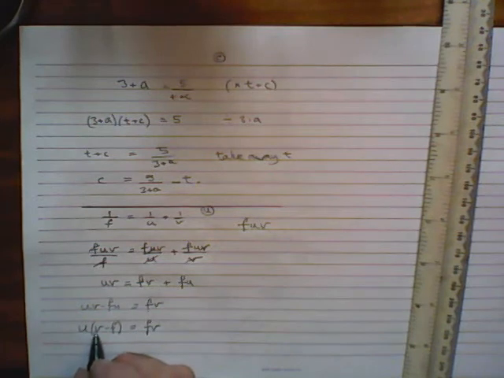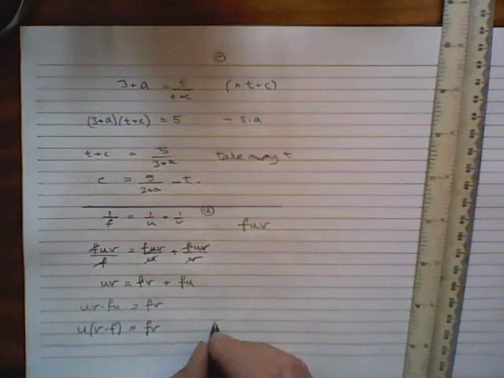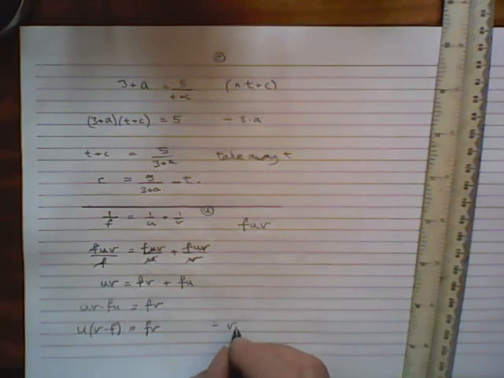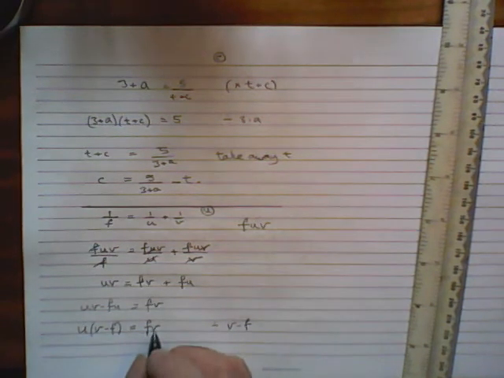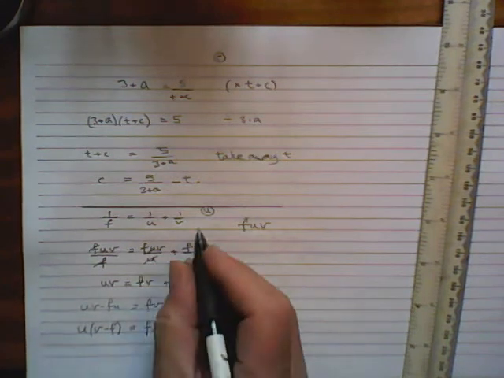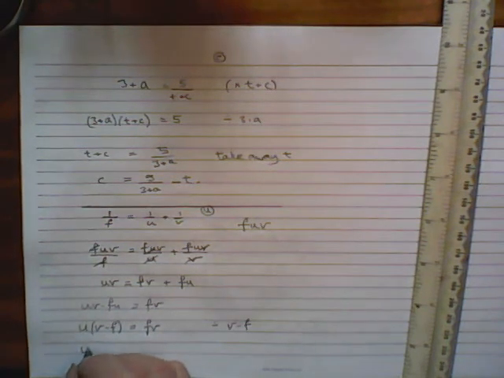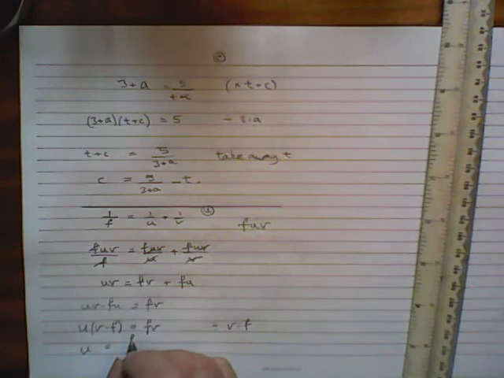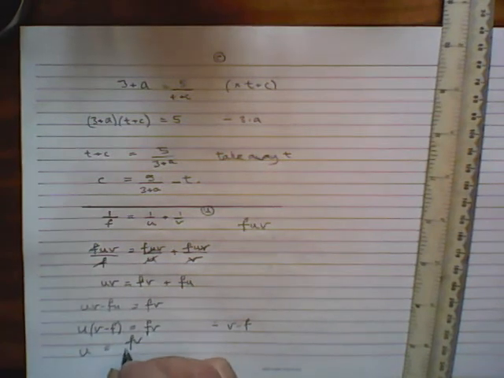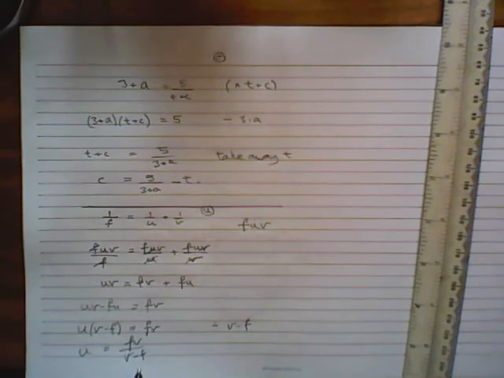Now I can divide both sides by v minus f. And we end up with u, which is what we're trying to find, equals fv over v minus f.